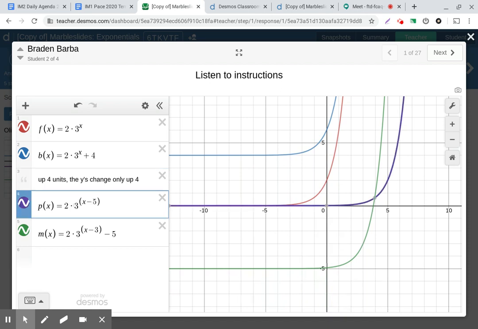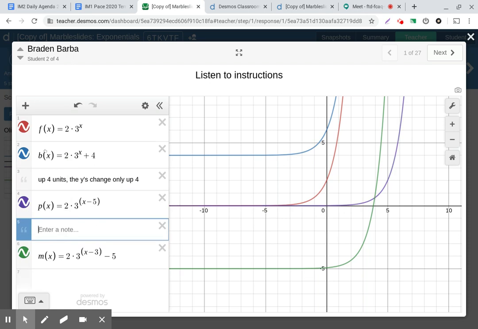What are you guys going to put for the purple one? What did the purple do? Is the purple up, left, right? It's to the right 5.